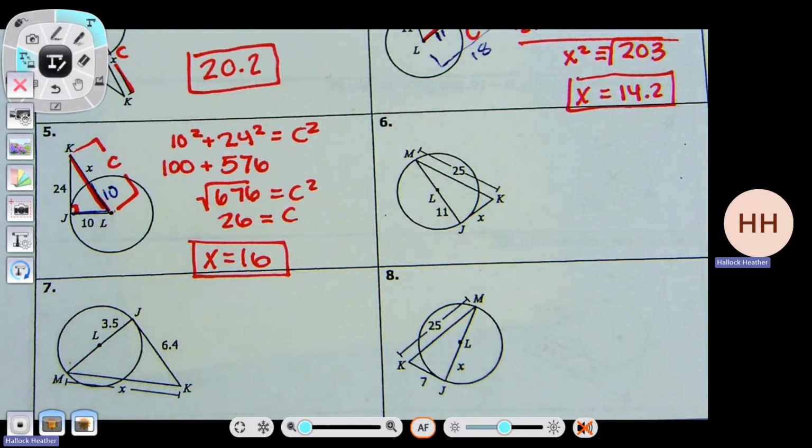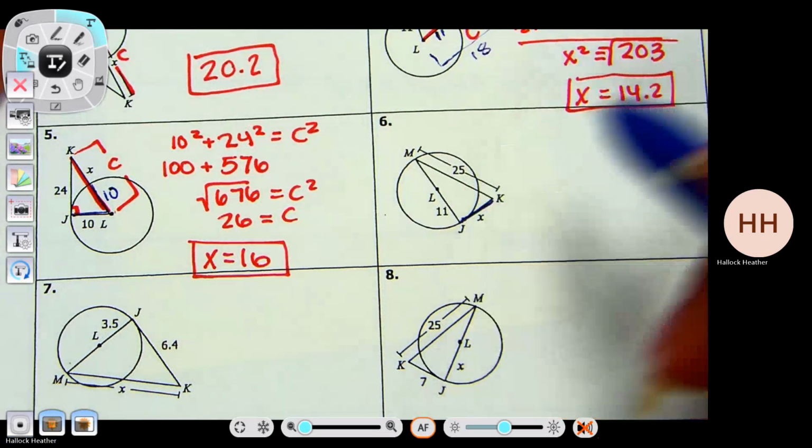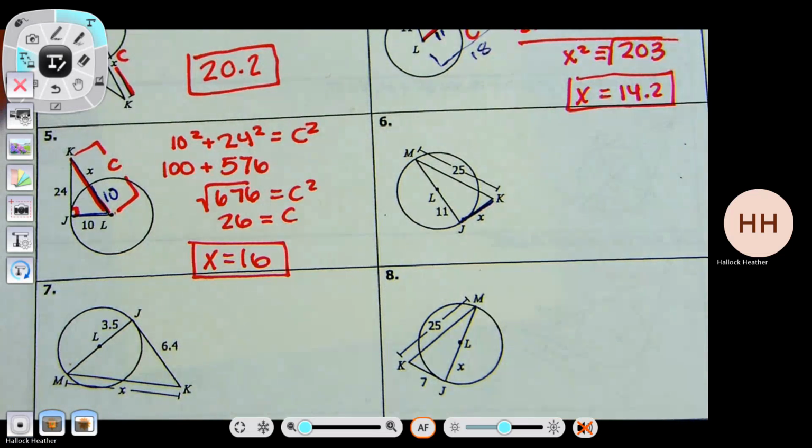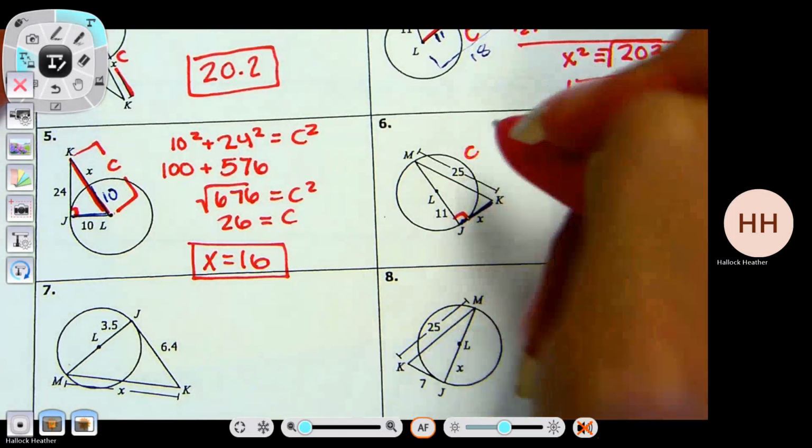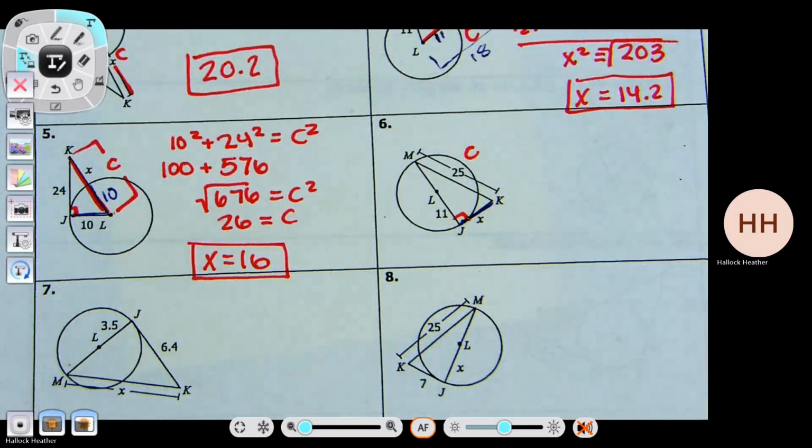Is X the whole? X is this whole thing, yeah, this is normal. This is your right angle. Am I using 11?